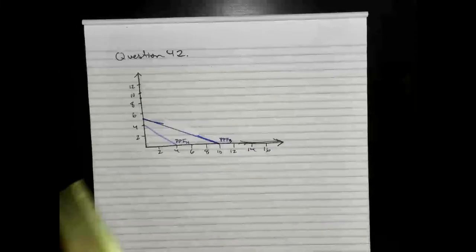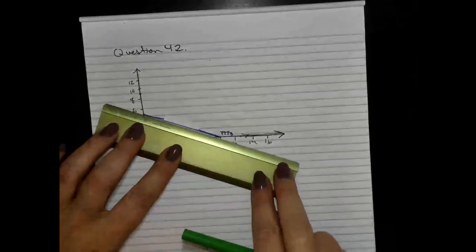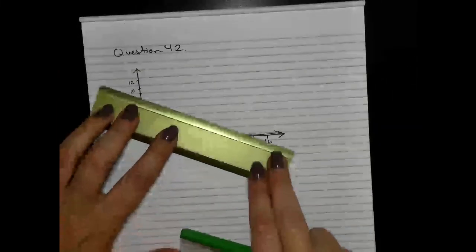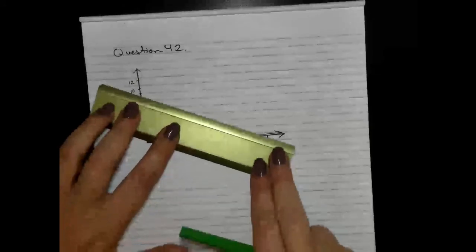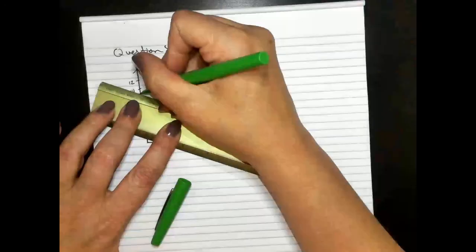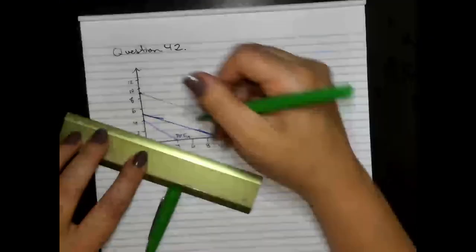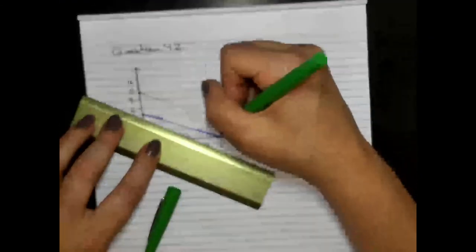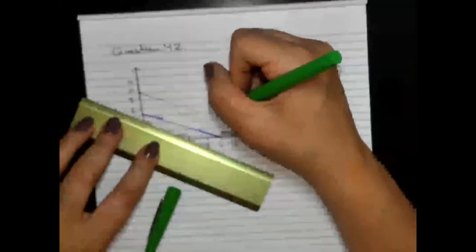So let me show you what I mean. If this is the slope of my first PPF, I want to hold that slope, start out up at 9, and take it down just as far up to this point 10, to the quantity of 10.